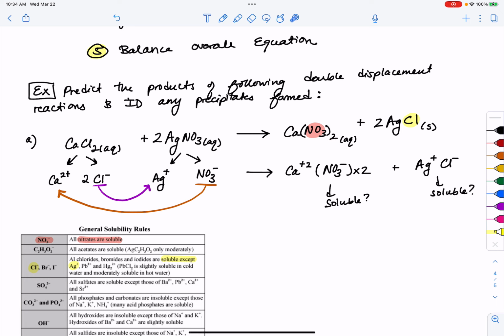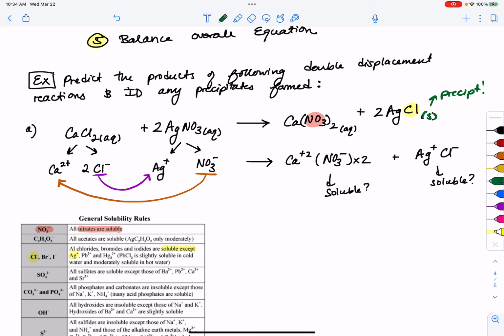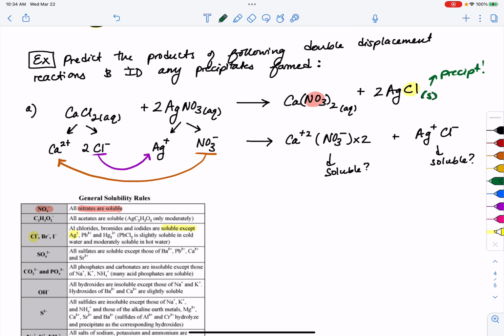So this is my balanced chemical reaction, indicating my precipitate that's been formed. And I also now have the overall balanced equation that's showing what's happening chemically in this beaker.